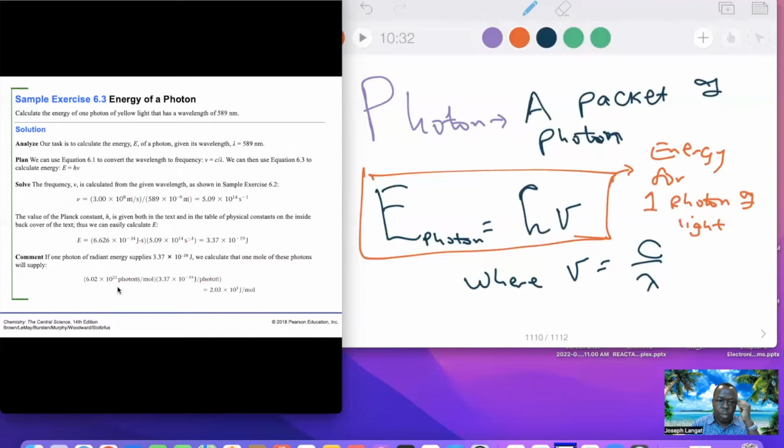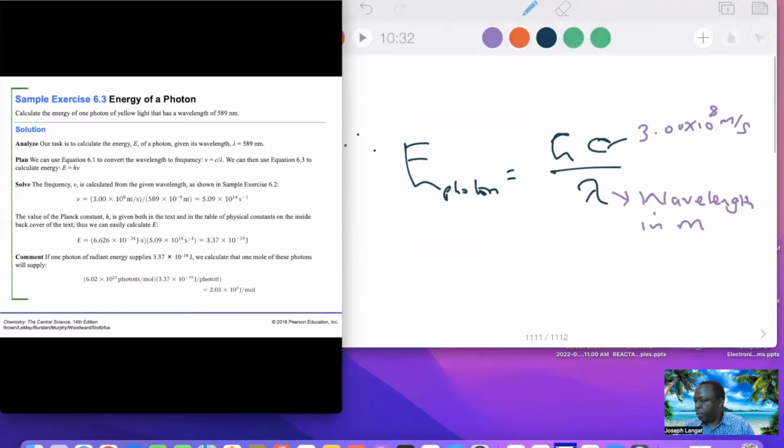So if this is the energy for 1 photon, remember 1 mole of photons equals 6.02 times 10 raised to 23 photons.